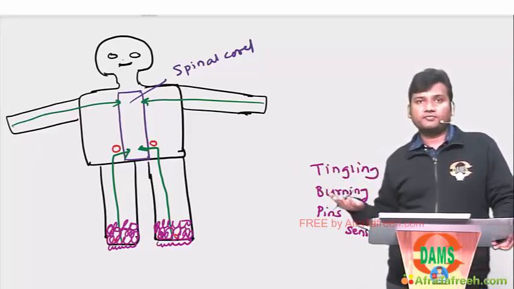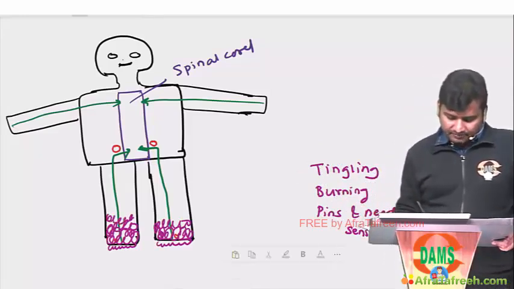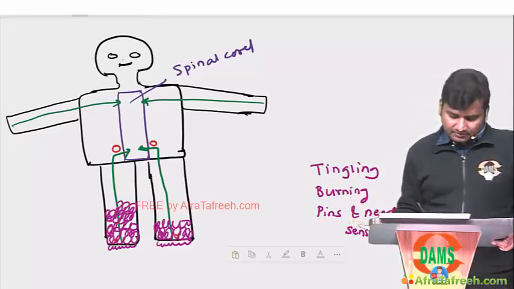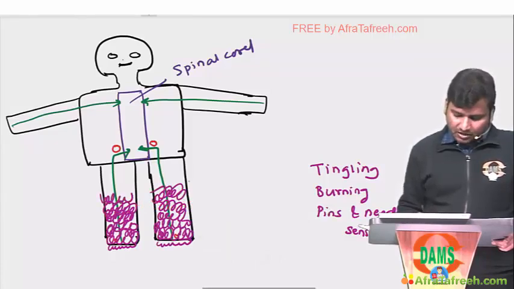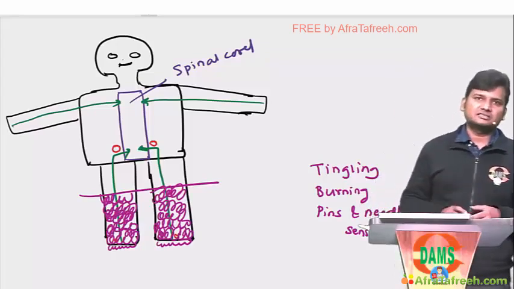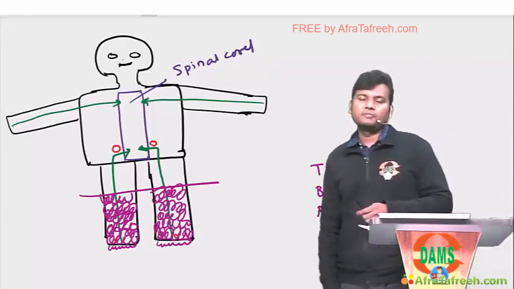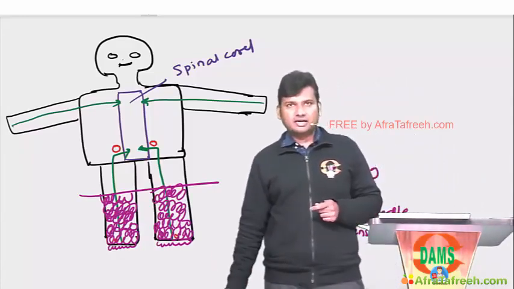It will start from the sole, it will reach towards the ankle. After the ankle, it will reach the knees bilaterally and symmetrically. After reaching the knees, it will reach the mid-thigh level. Now these tingling, burning, pains and needle sensations will reach the mid-thigh, or the patient is having loss of sensations up to the mid-thigh level.